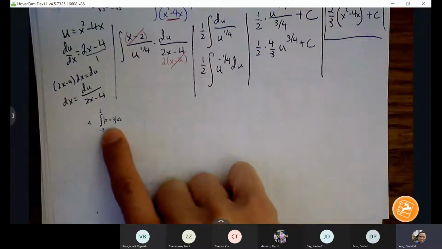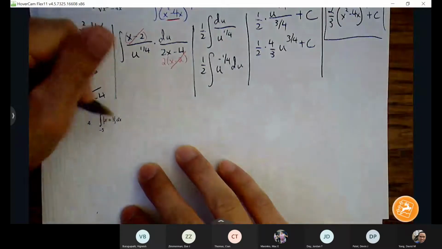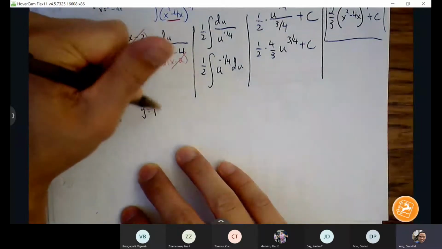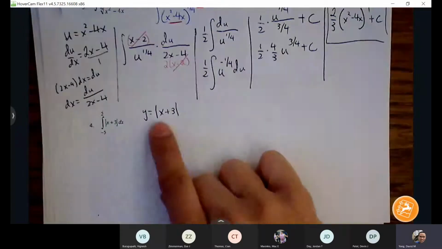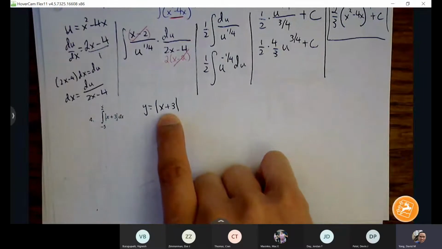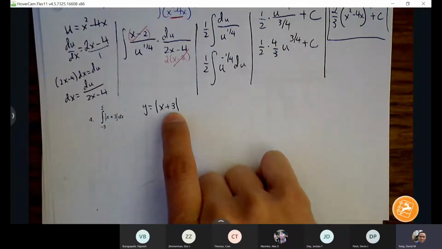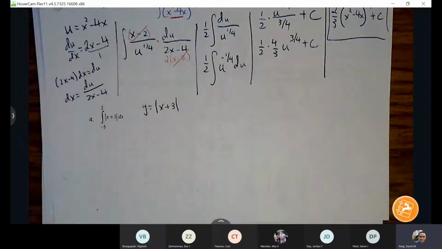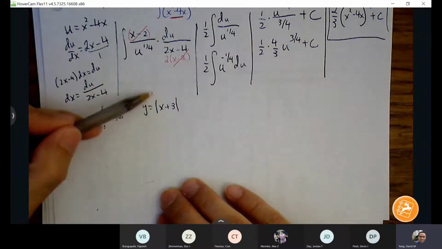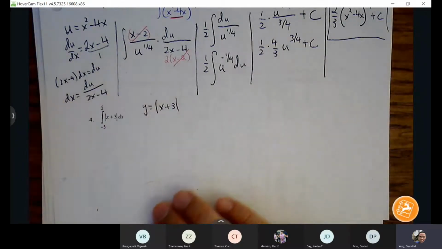Okay, so first thing we do is we graph that absolute value of x plus 3. Right? So y equals absolute value of x plus 3. That's just going to be an absolute value function with a vertex at -3, 0. And it's just going to open up because it's going to have a positive 1 in front.